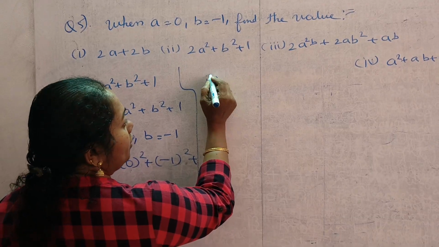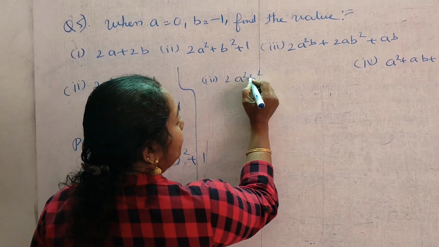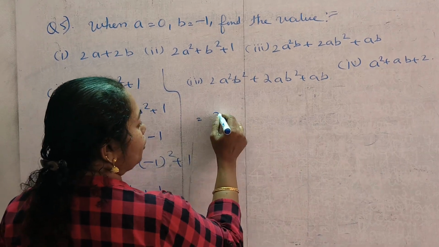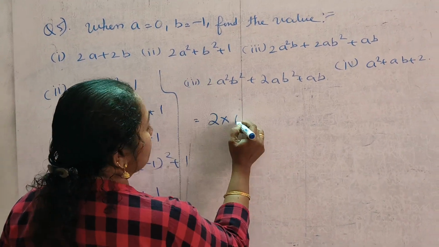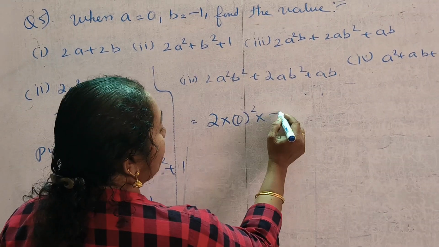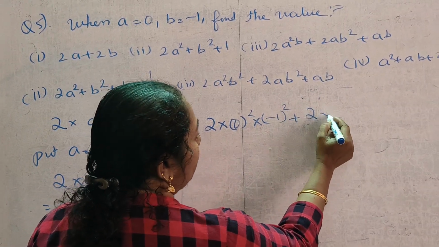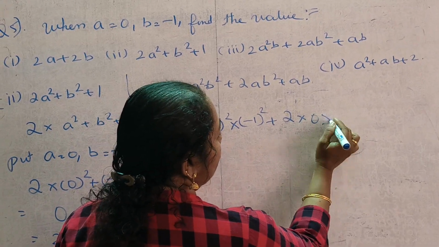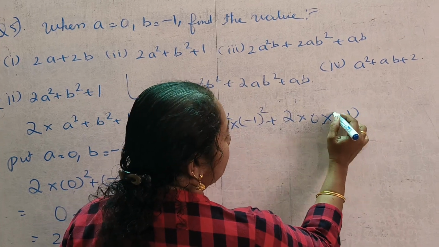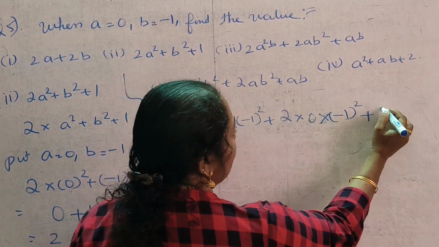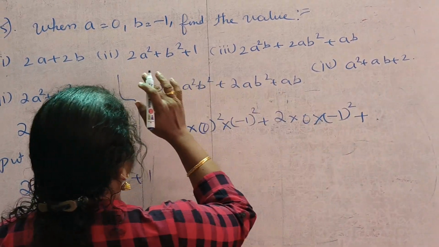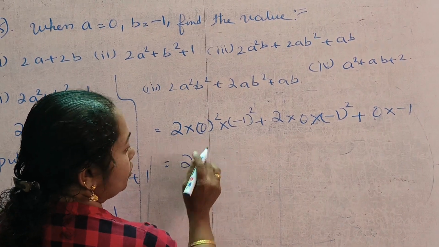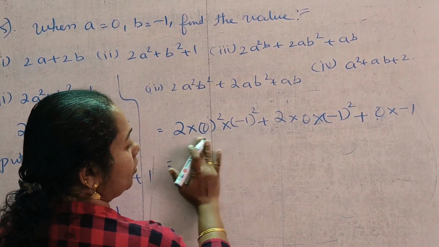Third question, 2a squared b plus 2ab squared plus ab. That is 2 multiply a squared means 0 squared and b means minus 1, plus 2 multiply again a means 0 into b squared, that is minus 1 squared, plus ab, that is a into b, that is 0 into minus 1. 2 into 0 squared is 0, whatever multiplied by 0 is 0.